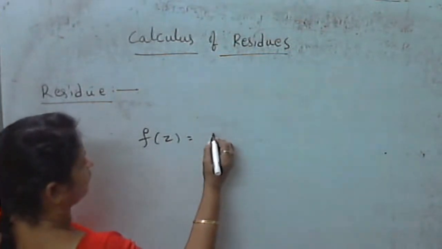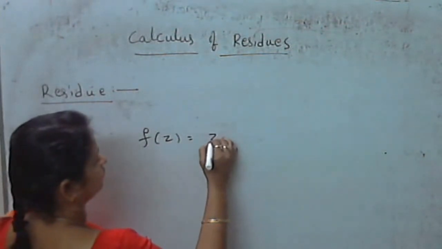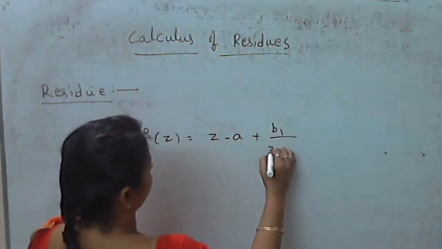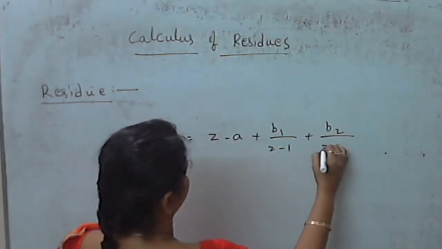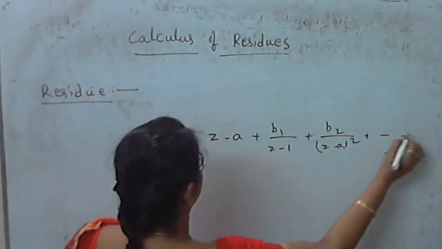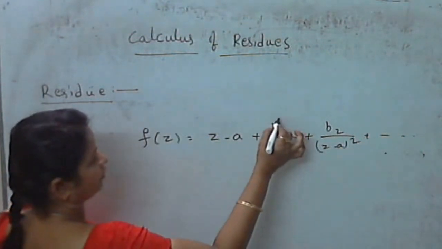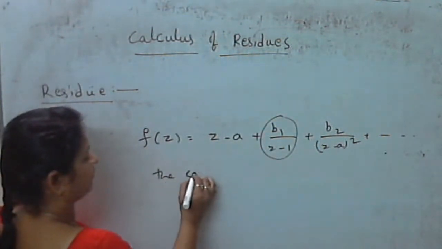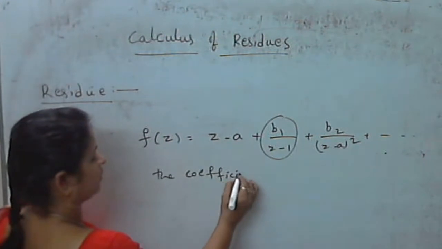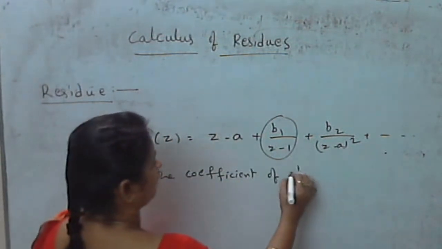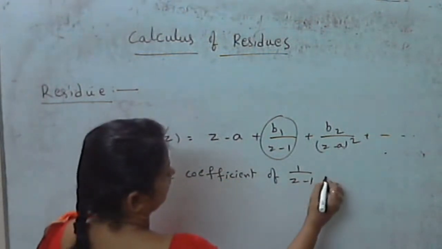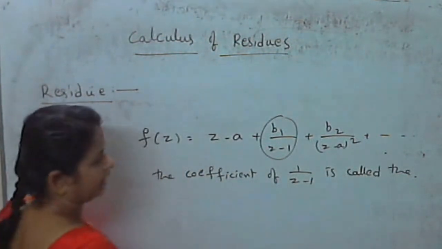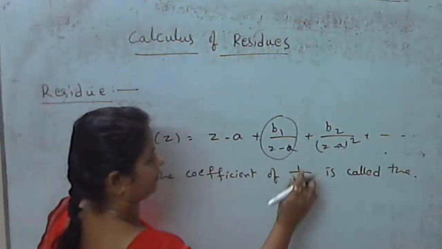f of z equal to ... plus b1 by z minus a plus b2 by z minus a whole square, like this. Then the coefficient of 1 by z minus a is called the residue of f of z at z equal to a.